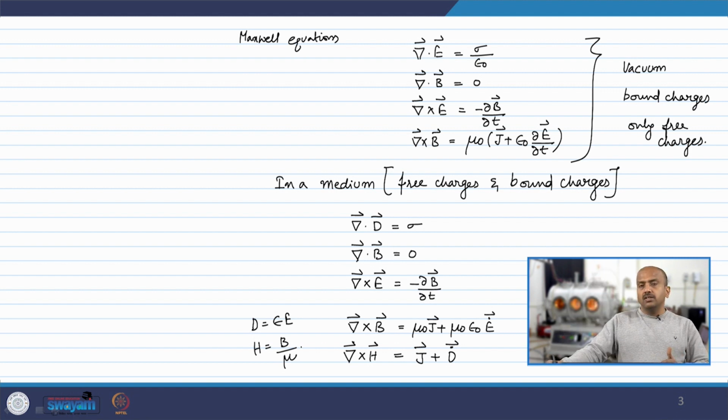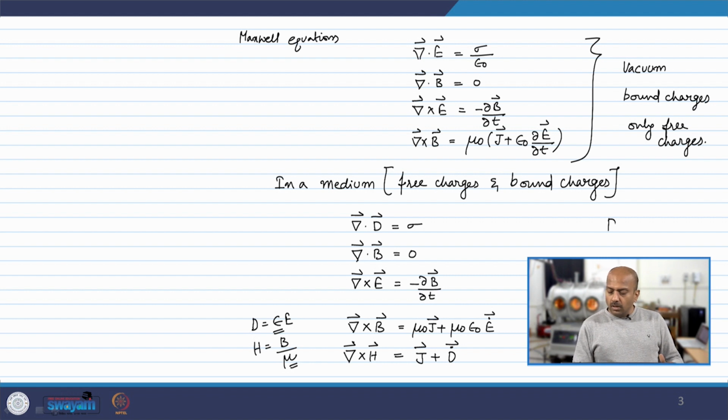So, the bound charge and the current densities, that means bound charge density and the bound current densities that arise from polarization and magnetization are included into these equations in terms of capital D and capital H and epsilon and mu, you see.